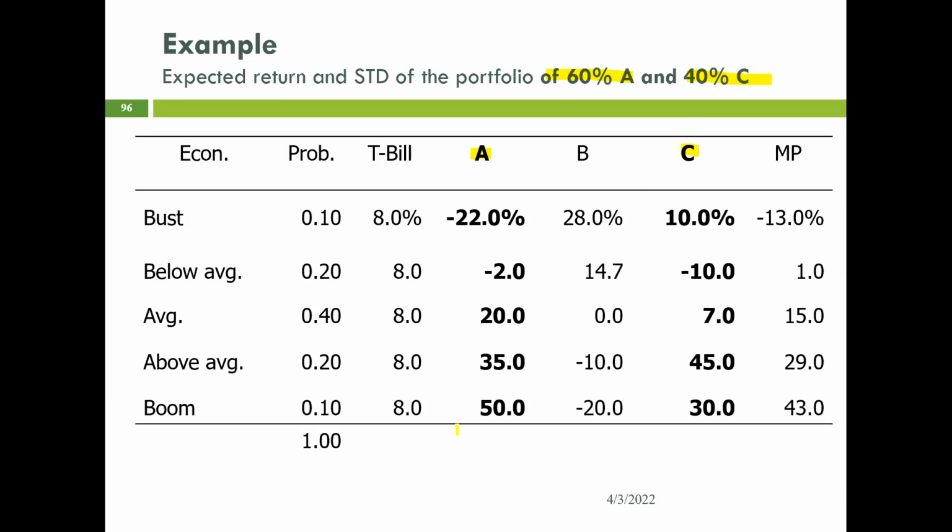This is a practice question. I am not going to do this now. So you have to select stock A and stock C, and invest 60% of your wealth in stock A and 40% in stock C. So construct the portfolio and calculate the portfolio expected return and portfolio risk.